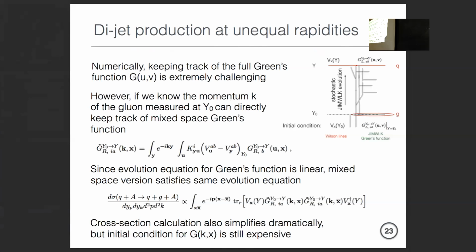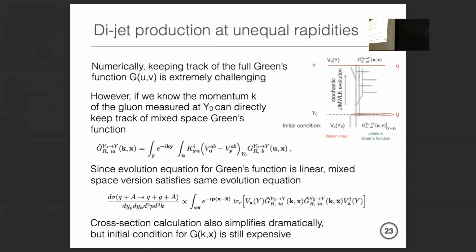Since the evolution equation is linear in this propagator, the evolution equation for the Green's function to produce a gluon with a definite momentum is the same as the evolution equation for the Green's function to produce a gluon at a definite position. So nothing changes over there.